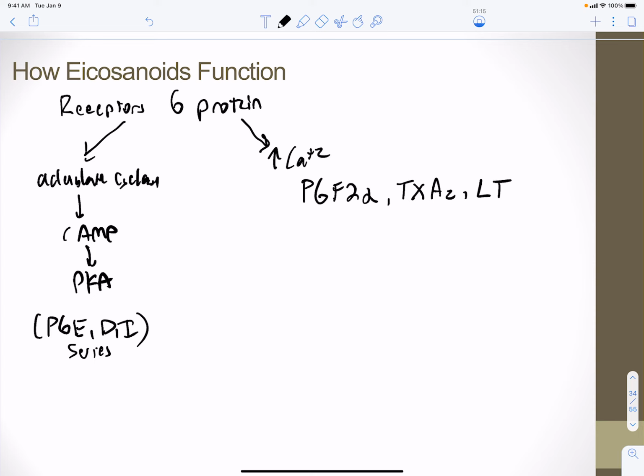Icosanoids can also bind to subunits of the G proteins within the plasma membrane of the target cell. If it binds to a stimulatory G protein, I'm just going to write it as GS for stimulatory, then you get amplification.